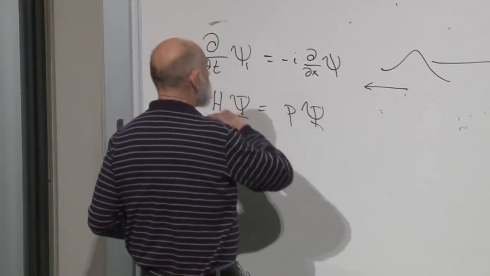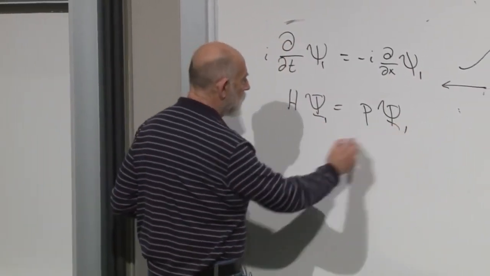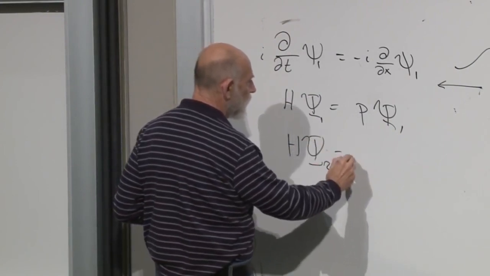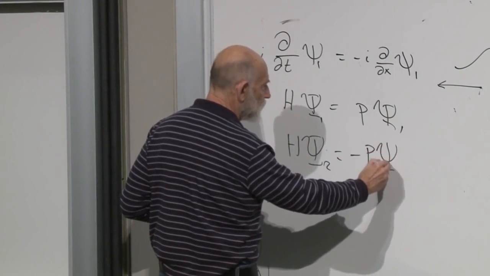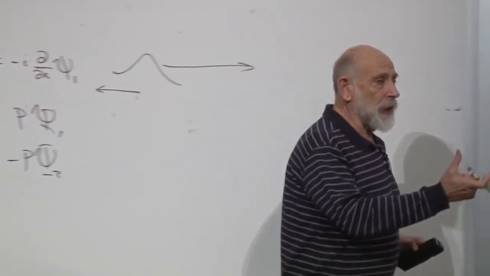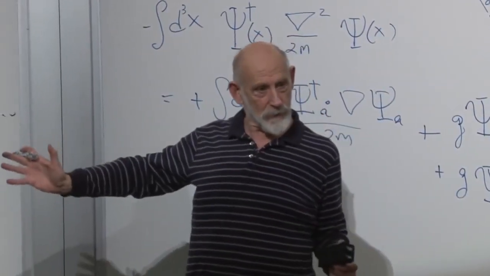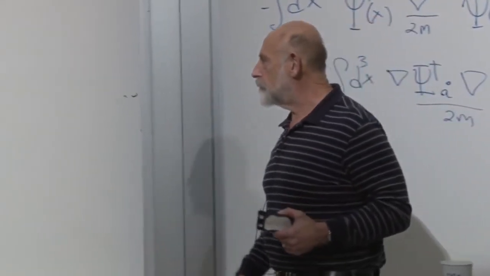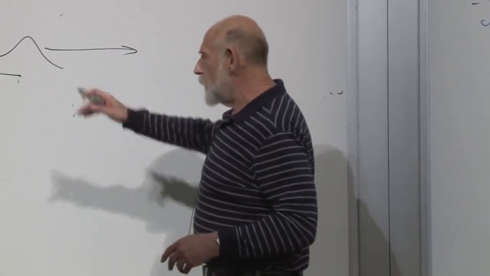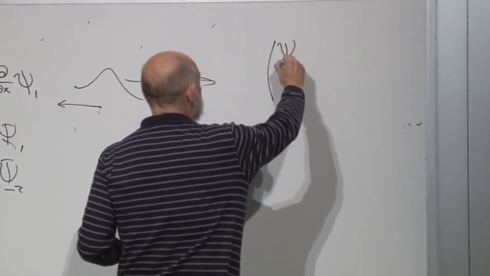So we could call this one psi 1, and we invent another one, H psi 2, a completely different particle, equals minus P psi 2. A particle whose energy is minus the momentum, and this just interchanges plus momentum in that direction with minus momentum in that direction. And so this particle clearly propagates to the left. Then we combined these two equations by taking psi 1 and psi 2 and making a column vector out of them.